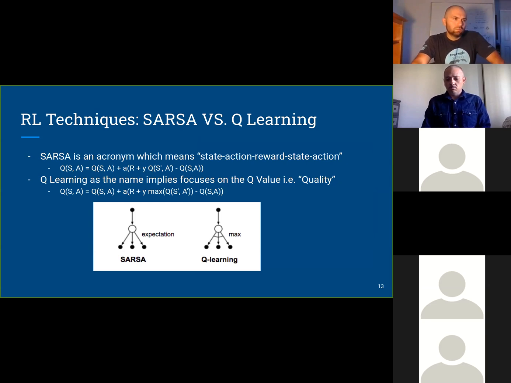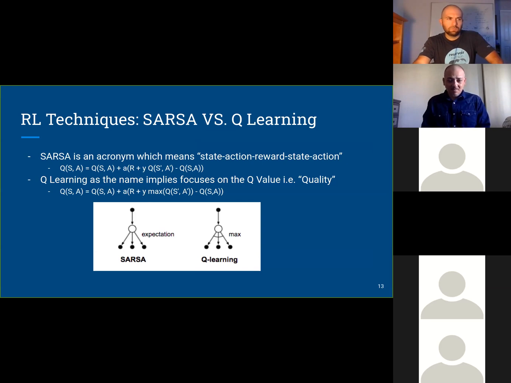If you look at these two equations here, you'll notice that the equations for SARSA and Q-learning are pretty similar. The only exception is the function being multiplied by gamma, which is written as a y here because of keyboards.